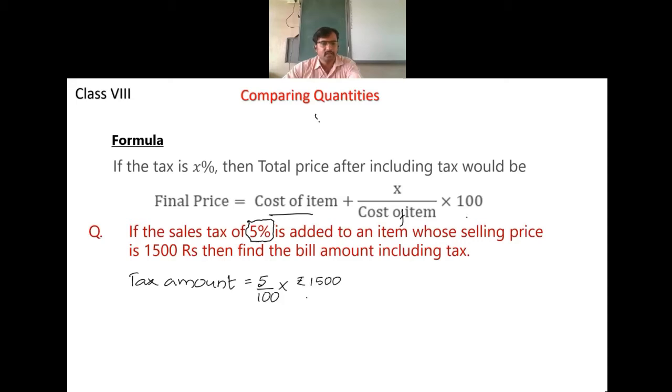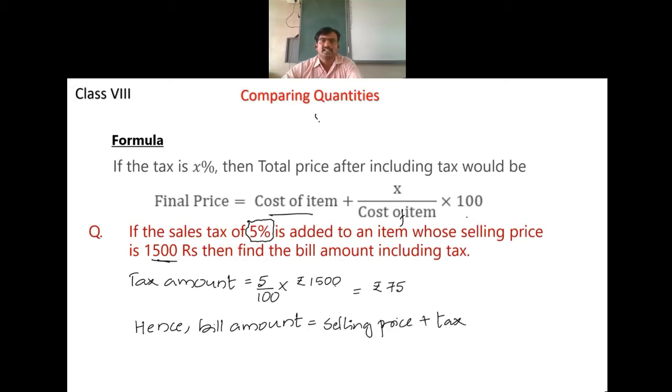The tax amount is 5% of the total money, and we get it as 75 rupees. This 75 rupees should be added to the selling price, and then we get the bill amount. So the bill amount is 1,575.